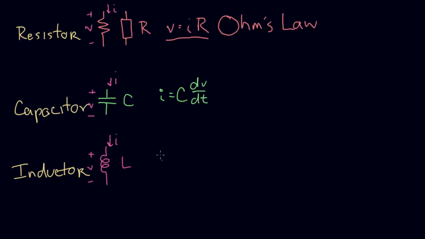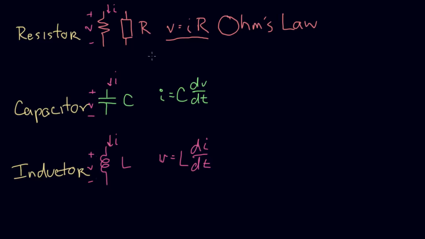And the way we write that is voltage equals L di dt. The proportionality constant is the inductance of the inductor, and this is the time rate of change of the current flowing through the inductor.